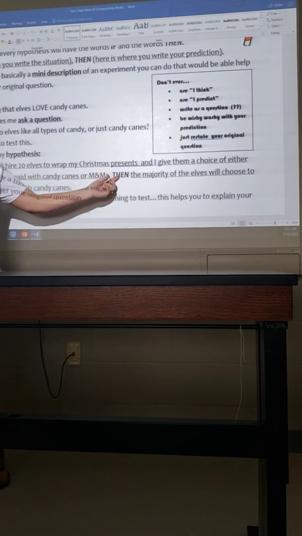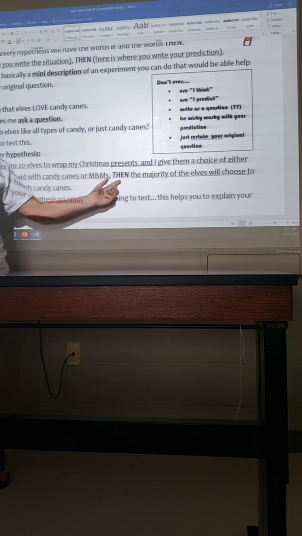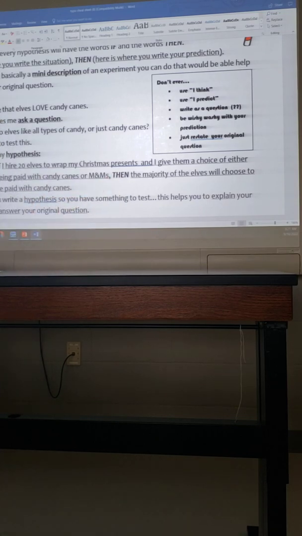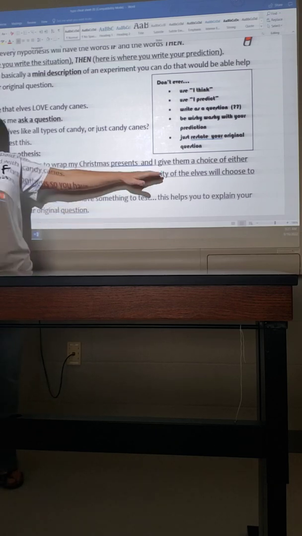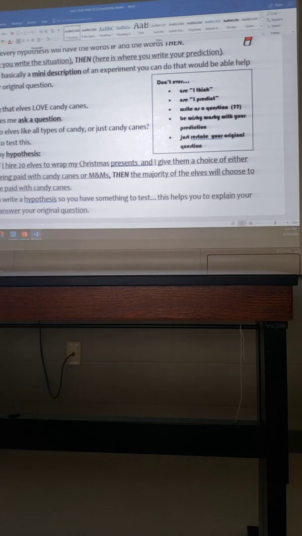I also know that I have to have the word then in it, right? After my word if, I know I have to include a little description of a situation. So if I hire 20 elves to wrap my Christmas presents and I give them a choice of either being paid with candy canes or M&Ms, then, and here comes my prediction, the majority of the elves will choose to be paid with candy canes.